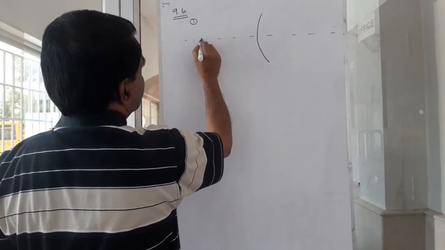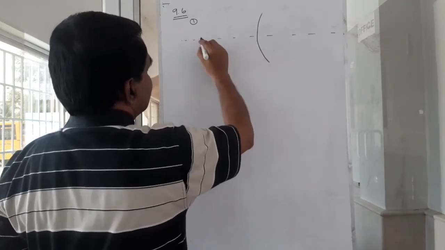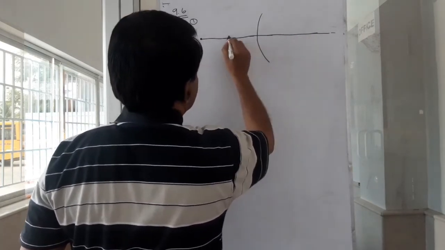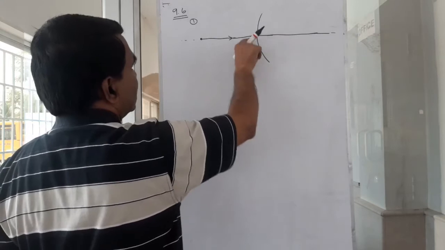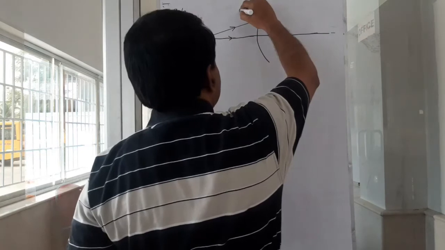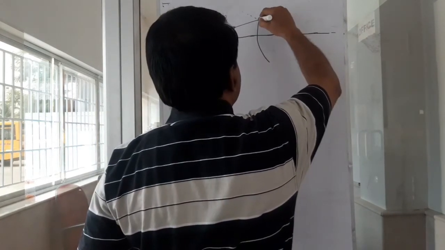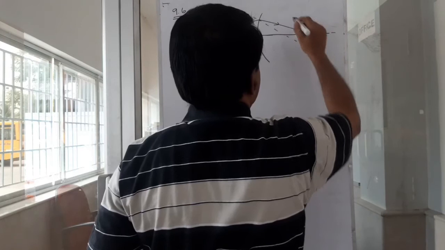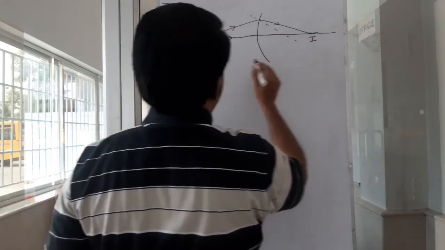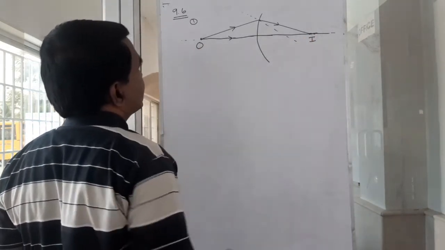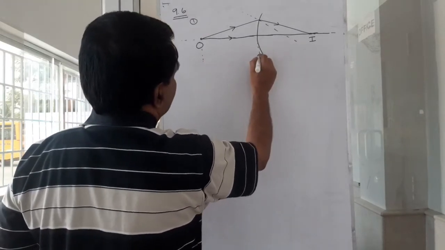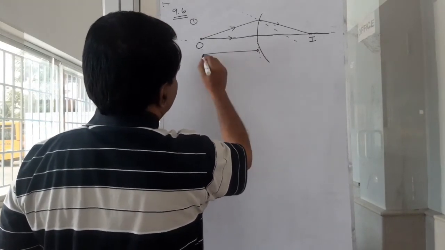If you take a point source, then clearly this ray will go undeflected because it's going through the normal of the surface, and this ray will get deflected and then it will meet this ray here. So this is where the image will be found. So this is the object and that's the image. Okay. And they say that this is 100 centimeters from there.